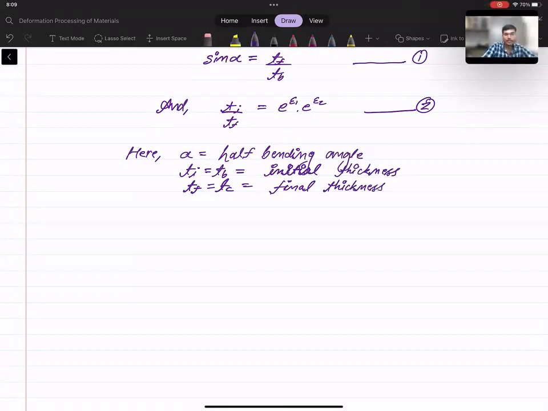Okay. And epsilon 1 and epsilon 2 are the true strains.